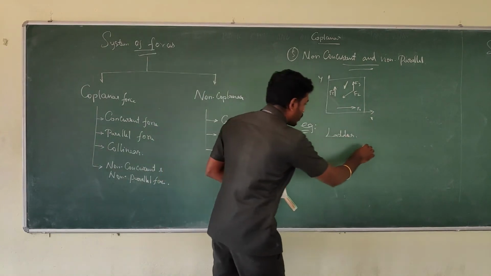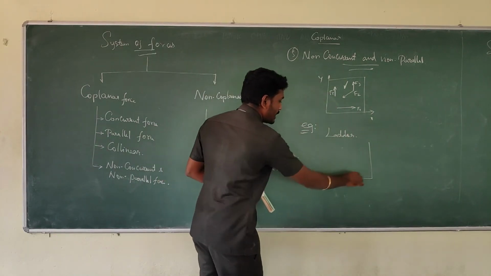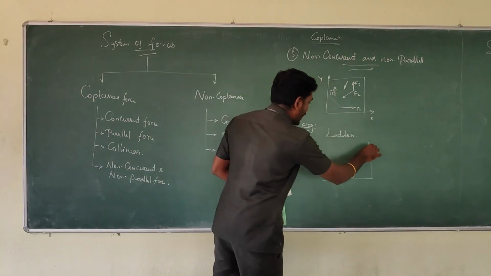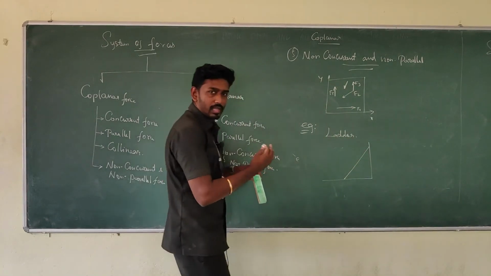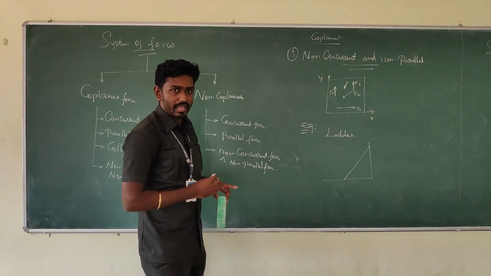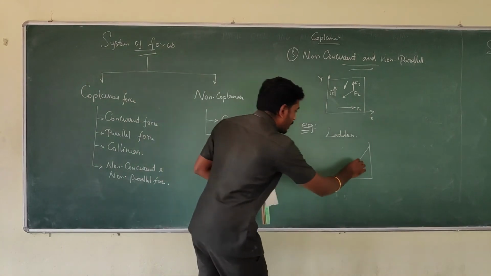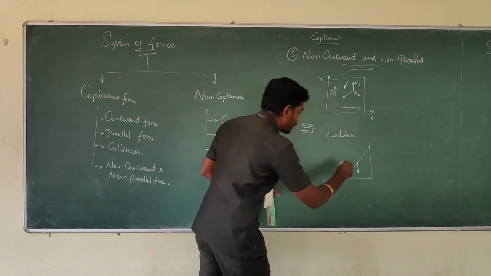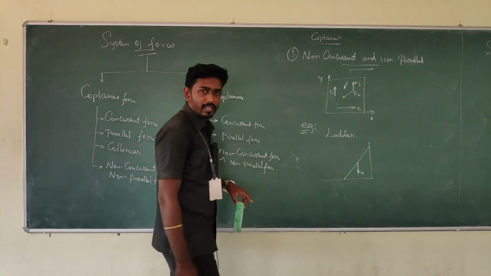We know the ladder. There is a ground and a wall. I'm going to keep it against the wall, something like this. Obviously the weight of the ladder will be coming downwards.